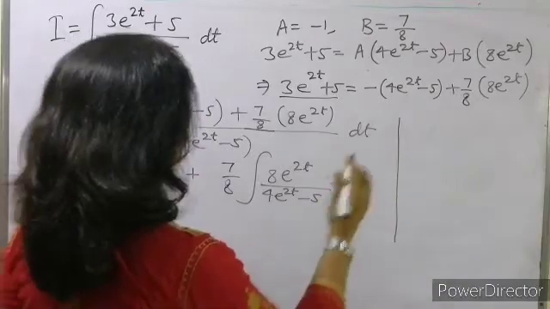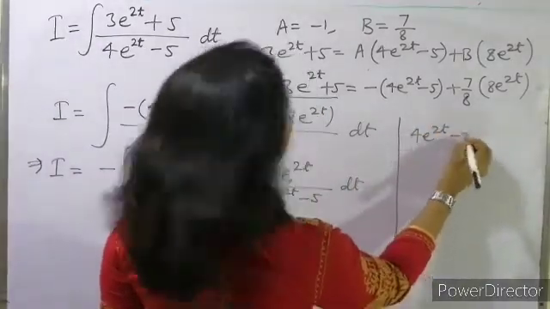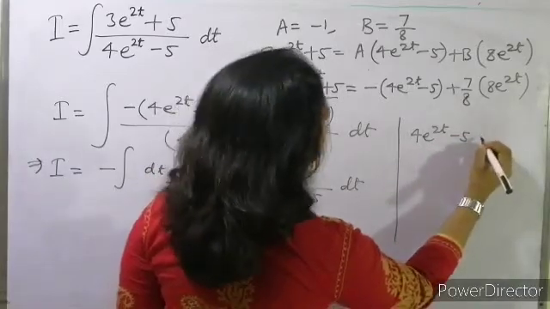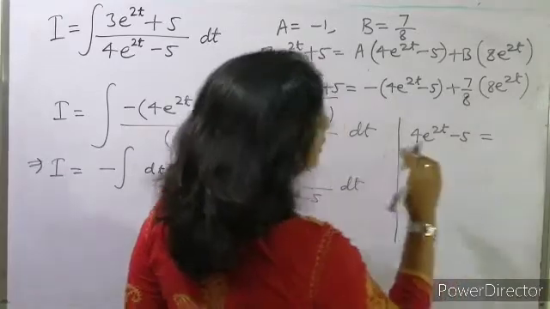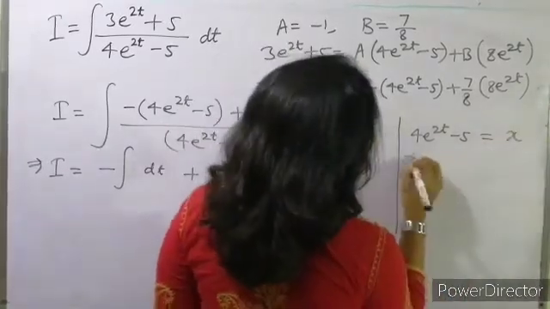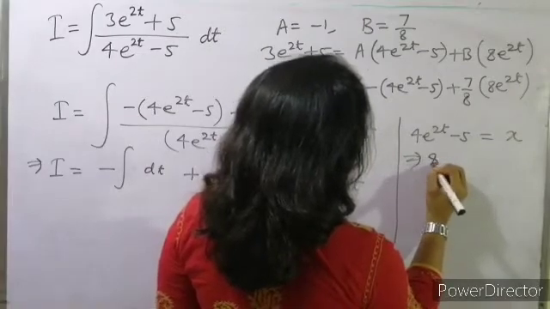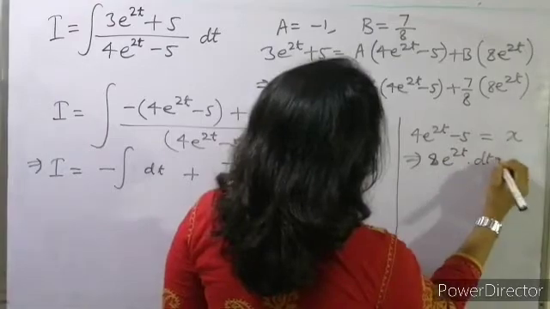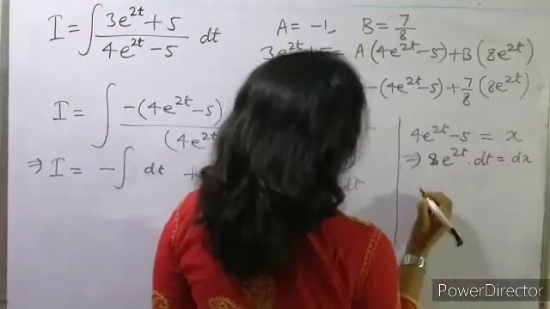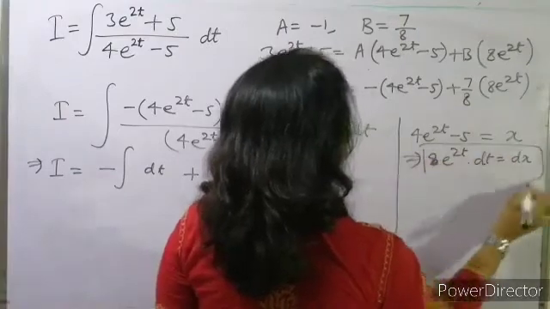Now one more thing, 4 e to the power 2t minus 5, that is the denominator, should be equal to, if we take x, it means 4 into 2, 8 e to the power 2t dt should be equal to dx. Okay, so this will be the value.